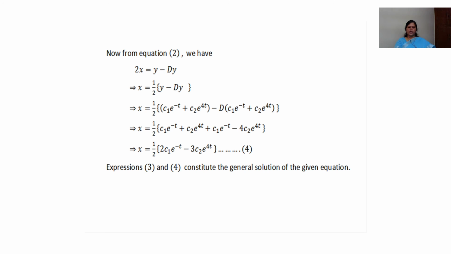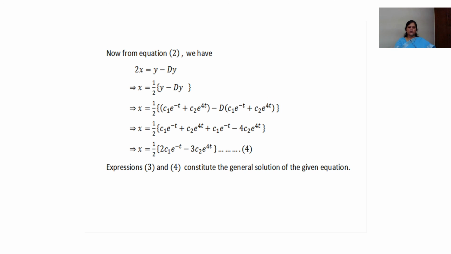That's why minus of minus becomes plus c1 e to the power minus t for this term. Then the second one is minus c2, then e to the power 4t. If you differentiate e to the power 4t, we'll get 4 into e to the power 4t. That's why that term becomes minus 4 into c2 into e to the power 4t.